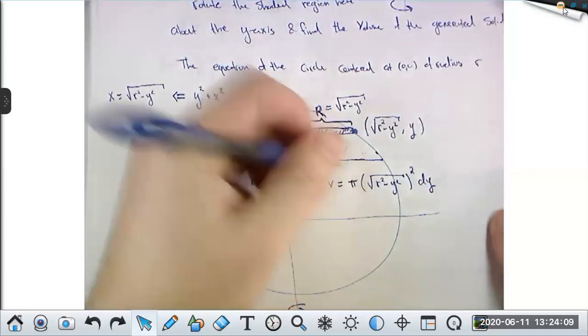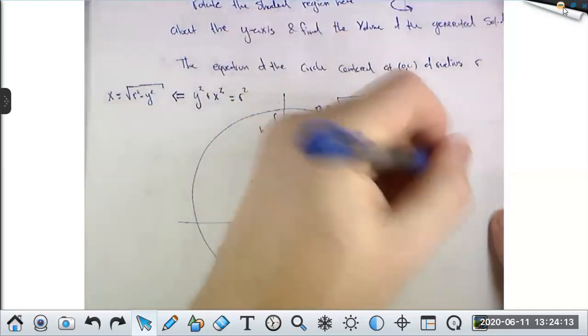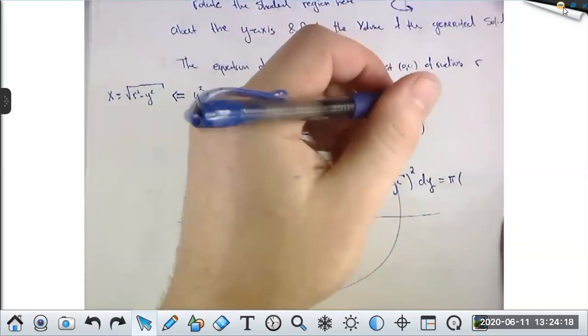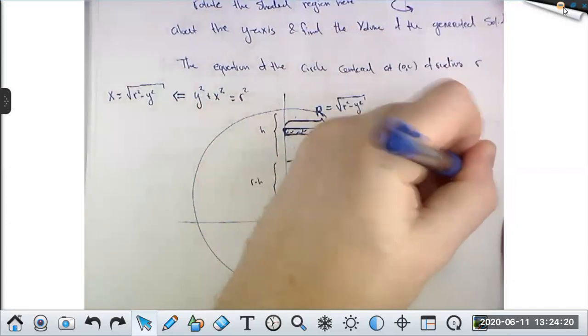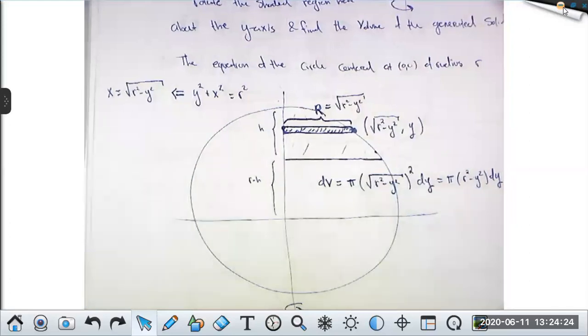Which would just be pi R squared minus pi y squared. I wouldn't even write it like that because we're going to want to pop the pi out of it. Yeah, pop the pi out.